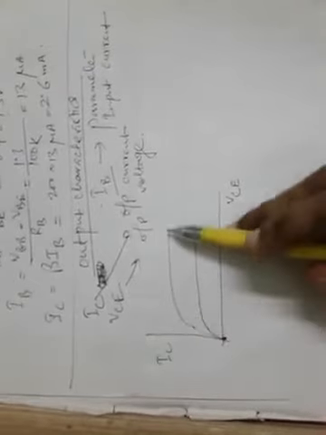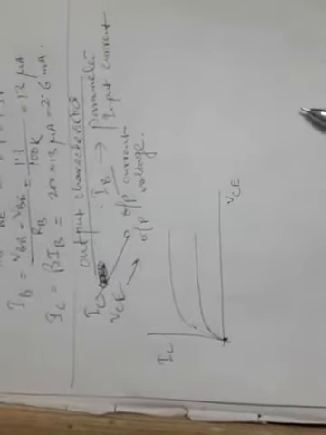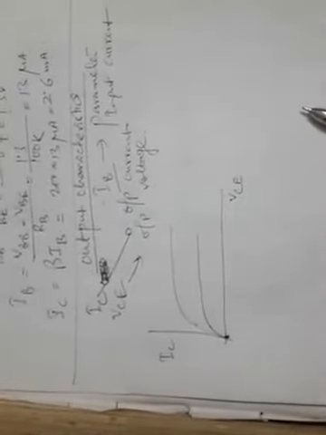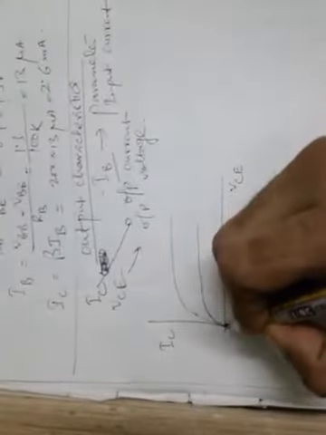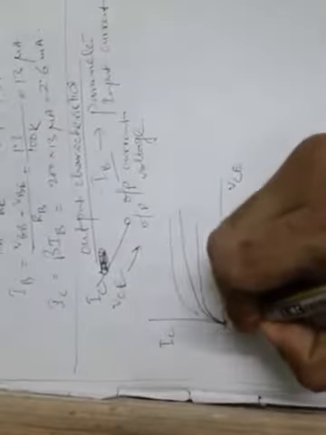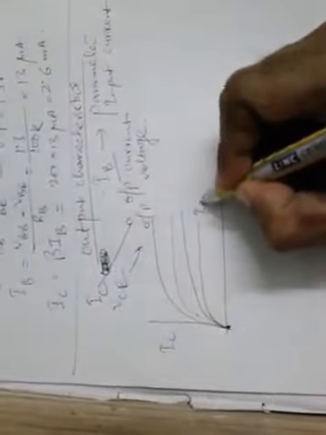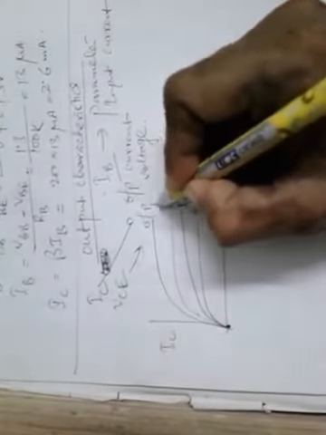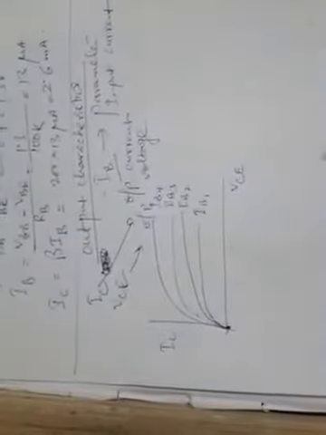So there will be no more increase of collector current in the circuit. The curve will bend and be parallel to the voltage axis. For different values of IB, we get a family of such curves like this, for IB1, IB2, IB3, IB4, something like that.